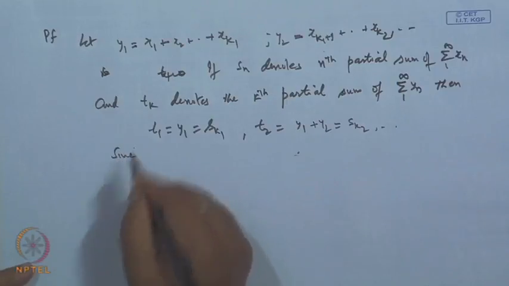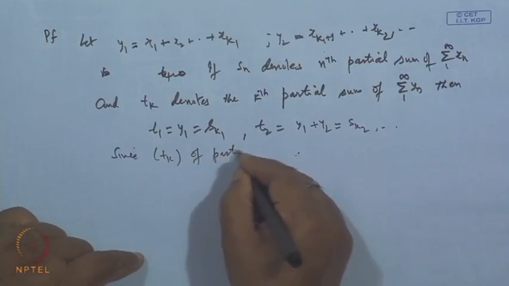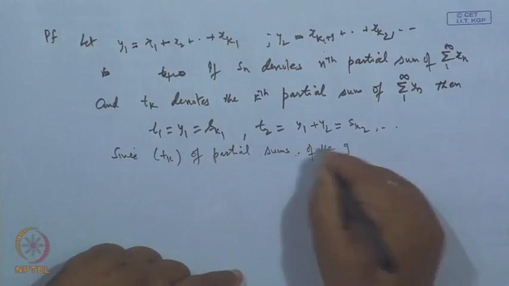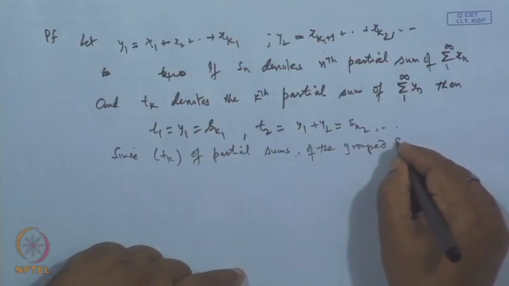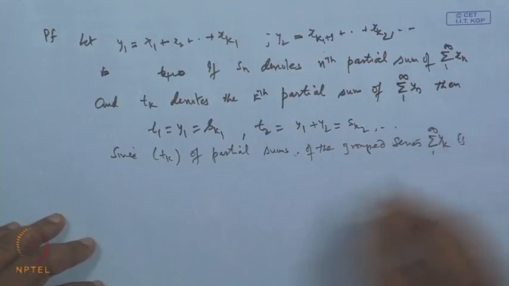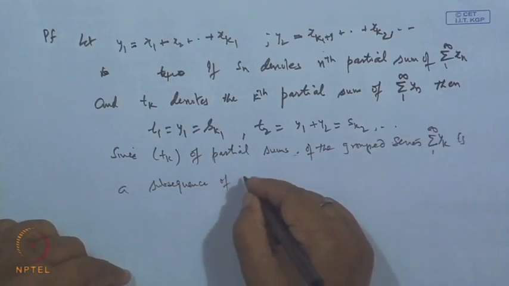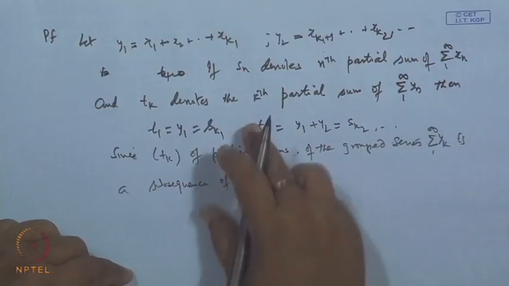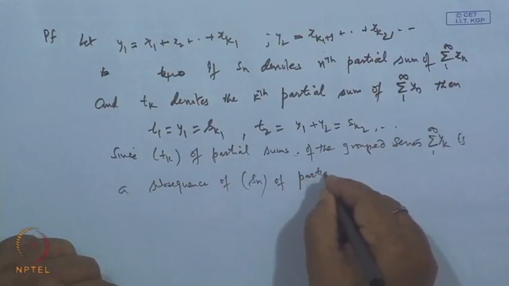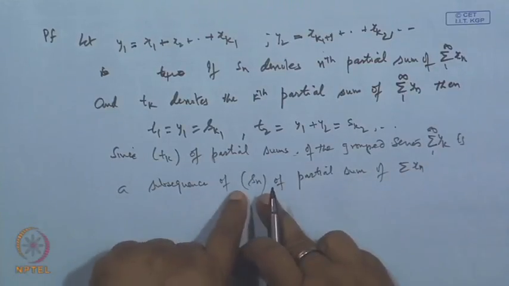So, since the sequence T k of partial sums of the grouped series sigma y k, 1 to infinity, is a subsequence of the sequence S n of partial sums of the series sigma x n, and this series converges, the partial sum is convergent.